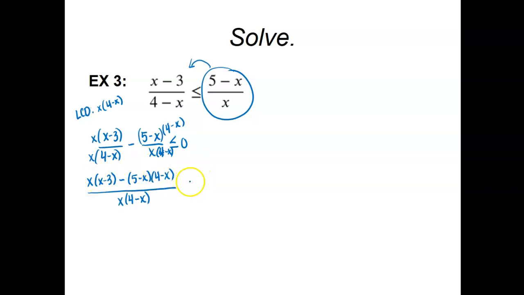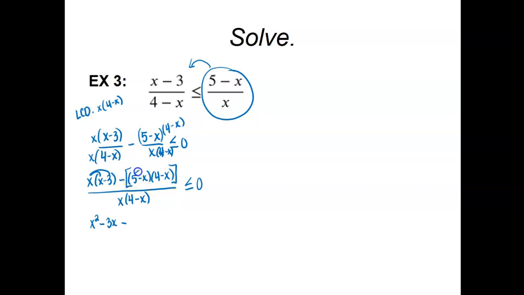So whenever we do this, we've got less than or equal to 0 right here. So we're going to have x squared minus 3x whenever we distribute in the numerator there. Let's hold on to this minus sign right here, and let's multiply (5 minus x) times (4 minus x) first.